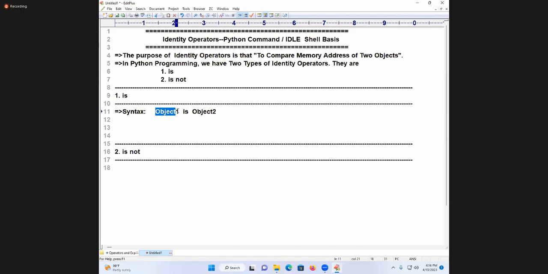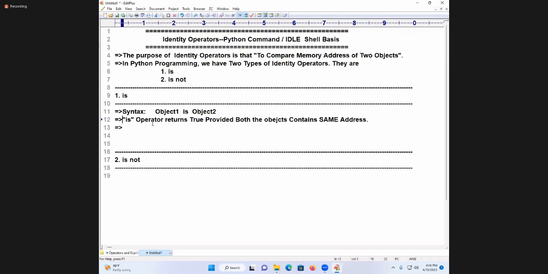If both the objects contain the same address, any object you take, it returns true. Otherwise it returns false. So I will write it. The is operator returns true provided both the objects contain the same address.